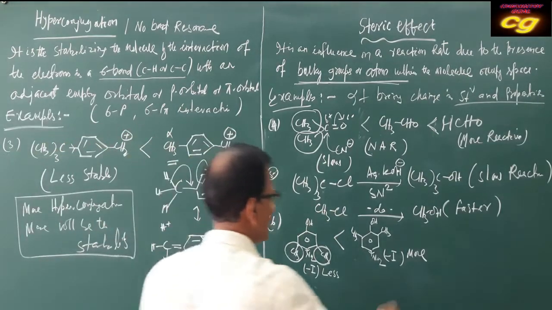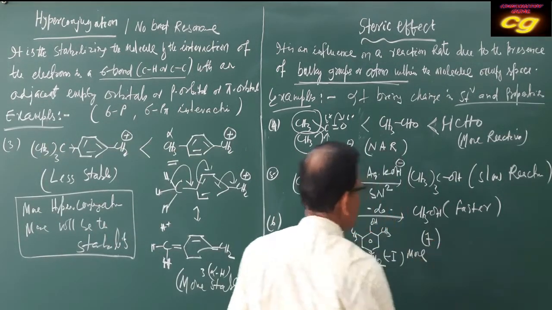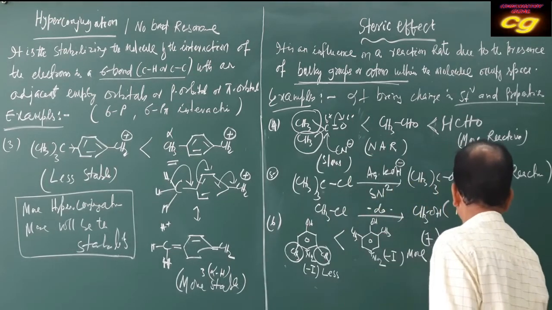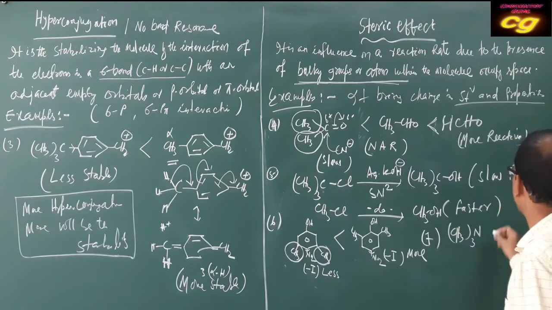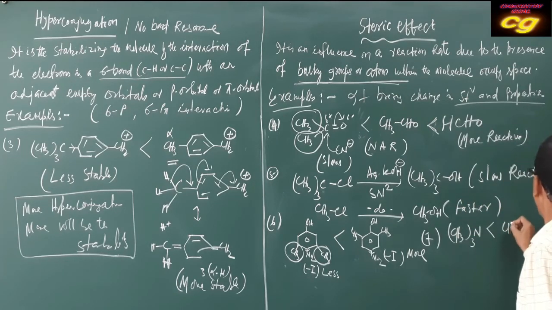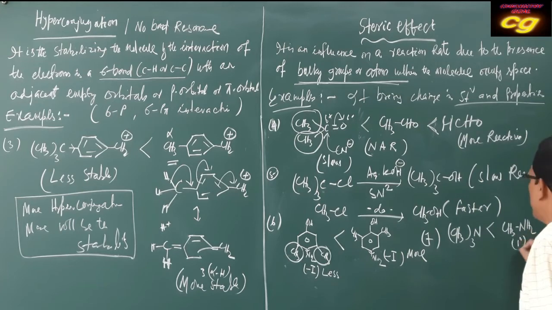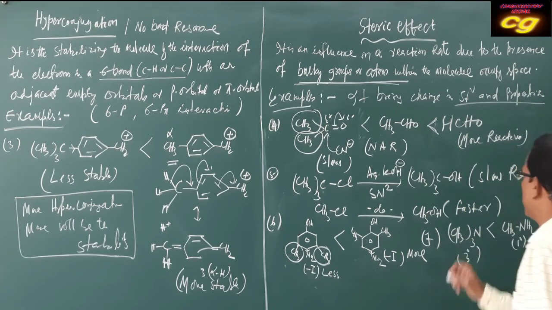Another very important application you can take: a tertiary amine in aqueous medium is less basic than a primary amine, methyl amine. This is a primary amine, this is a tertiary amine.